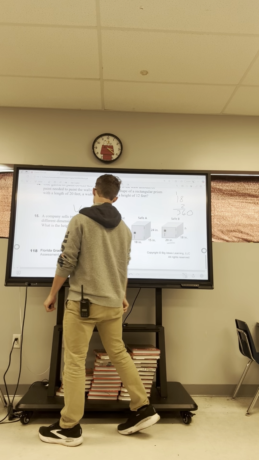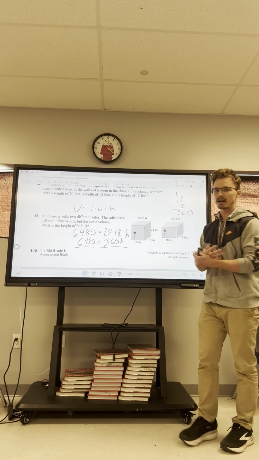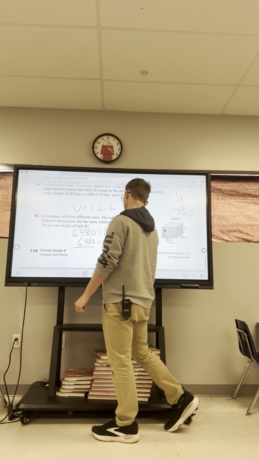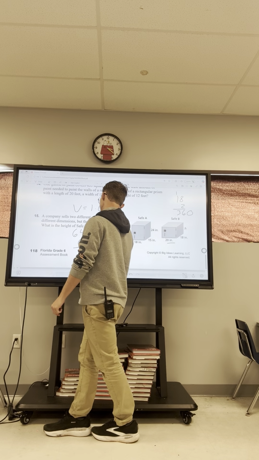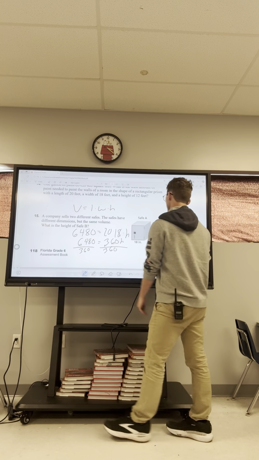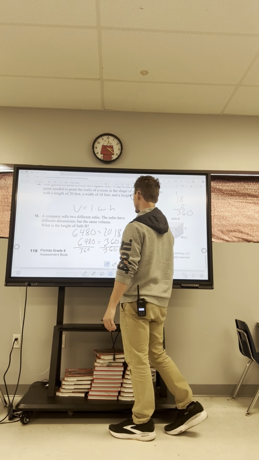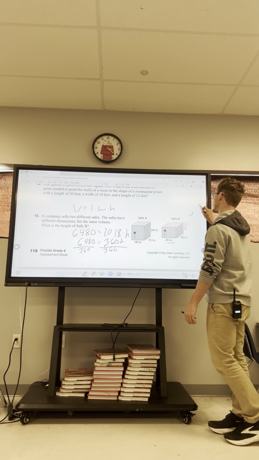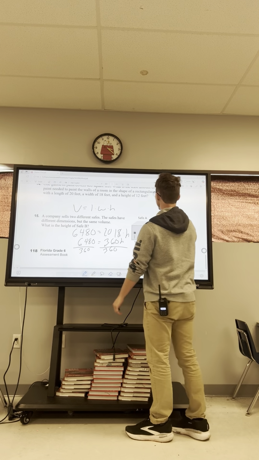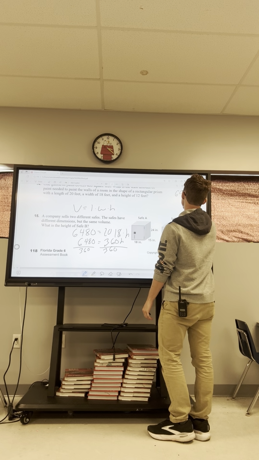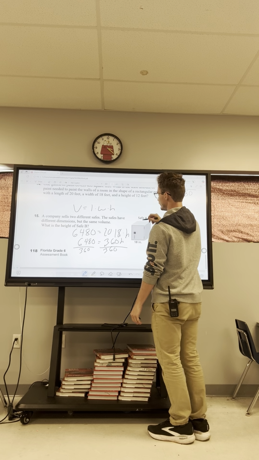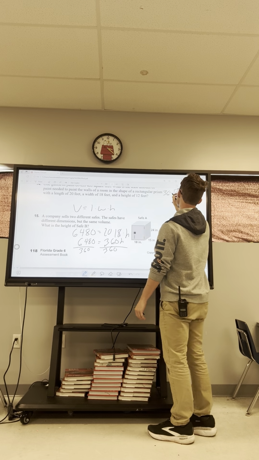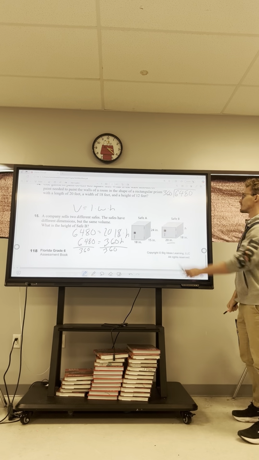Then we divide it. To get rid of it, we need H by itself. So we divide by 360. Then 360. So right now, off the top of my head, how many times does 360 go into it? Nope. Can I figure it out though? Yup. 6,480 divided by 360. Does 360 fit into 6?